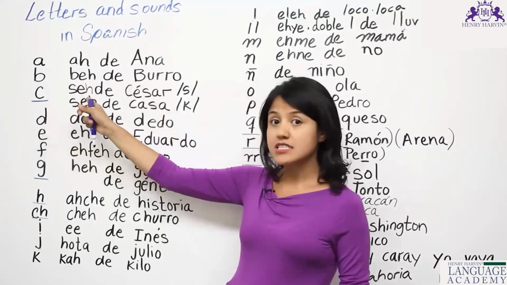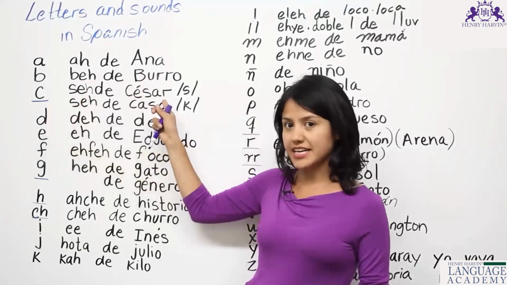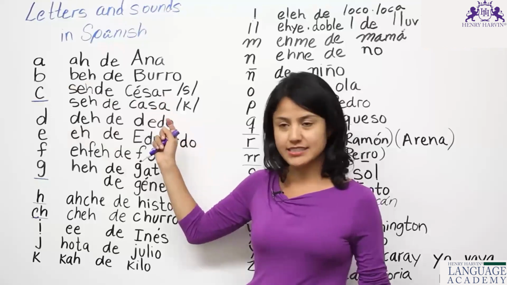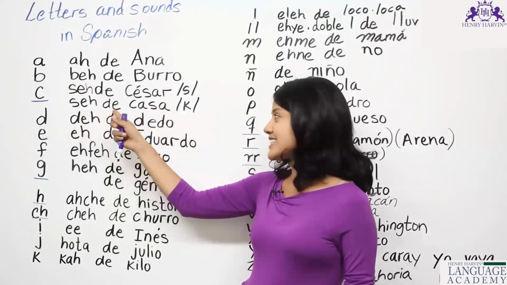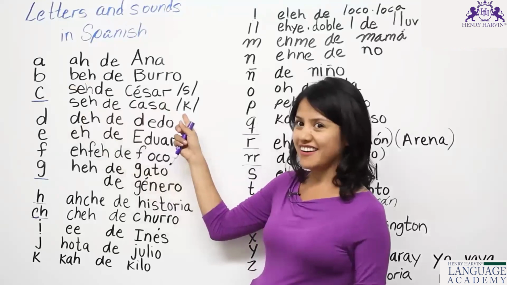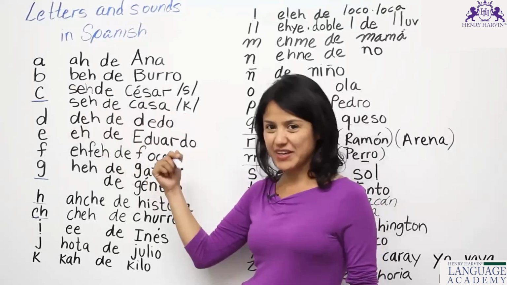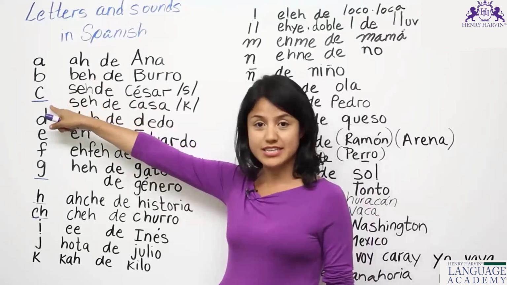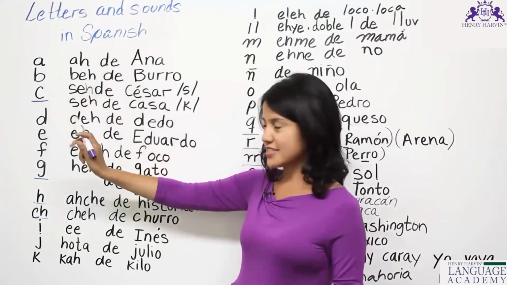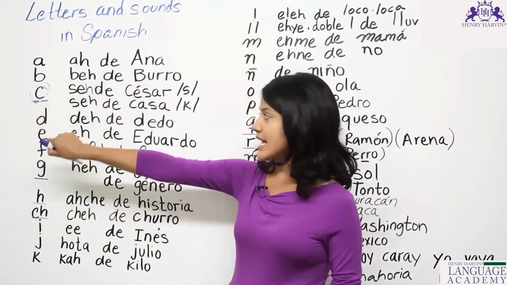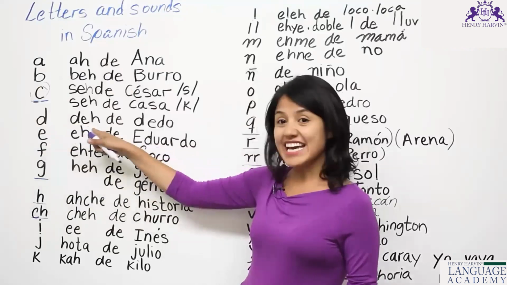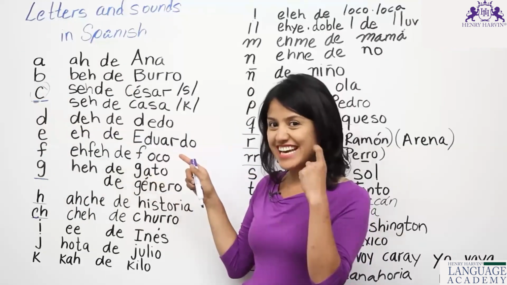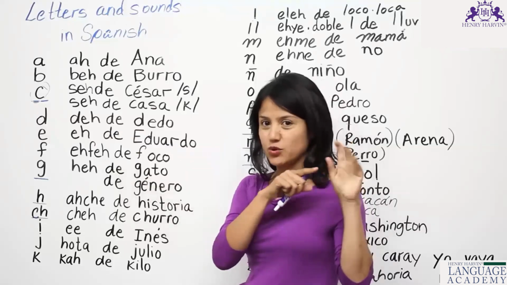C de César, maybe your name is César, or C de casa. Two sounds. We're going to talk about this later. Now let's finish this list. D de dedo. This is my dedo. Dedos.